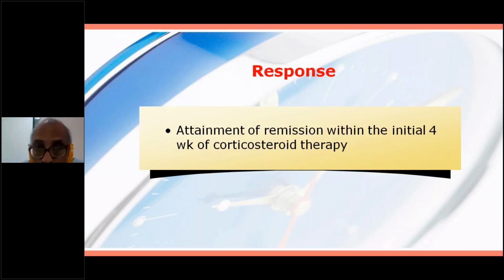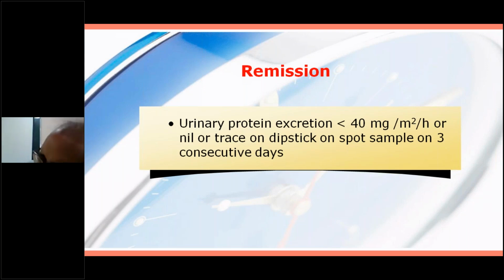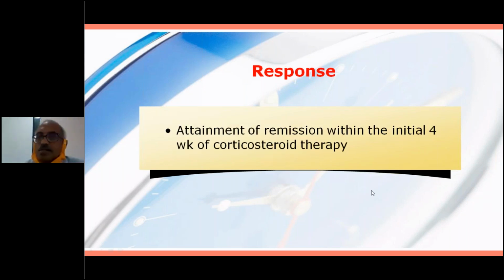What is response? Response means attaining remission within the initial 4 weeks of starting treatment. Only then is it called a response.